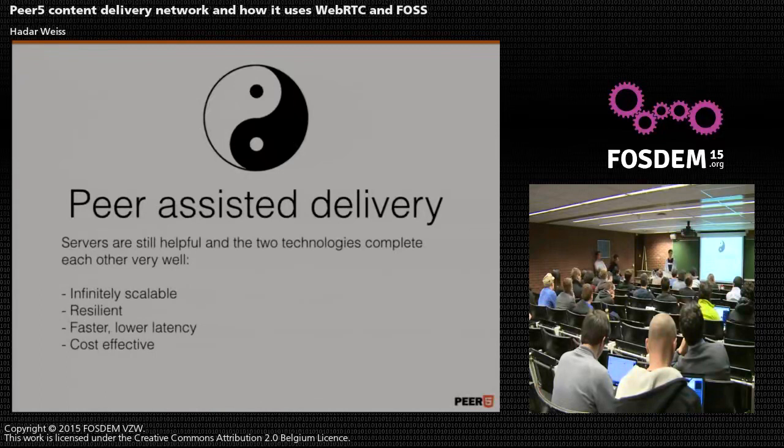If it's video, for instance, usually it starts with the server because the latency at the beginning of the session is better to the server before we do all the signaling and connecting to other users. So the first chunks are fetched from a server, and then we try to fill the playback buffer as fast as possible using both of them. Once we reach a safe margin, we can use peer-to-peer only.